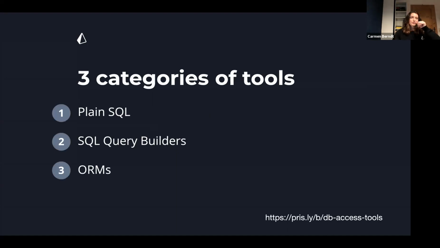Well, we can separate it into three categories of tools. And by tools, I mean libraries to query and manipulate data, each operating at a different level of abstraction. So you could have raw SQL strings to higher level abstractions like SQL query builders and ORMs. And each of these approaches come with their own problems and pitfalls.